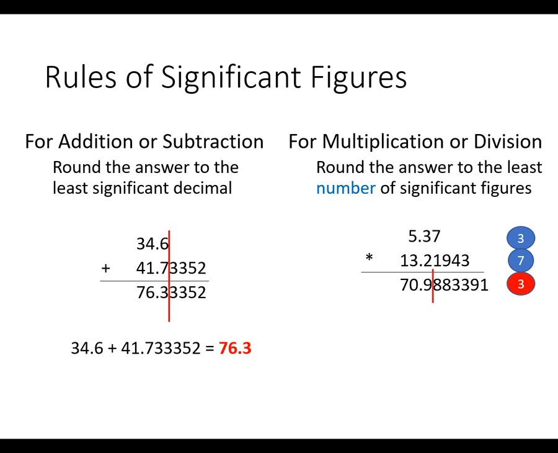So I round it to that point. Now, I don't want to ignore all the numbers to the right of my line that I just put up here. They are important. They're not accurate. They're not significant, but they are important. So I need to round my answer using those numbers. Therefore, my answer would be 71.0.